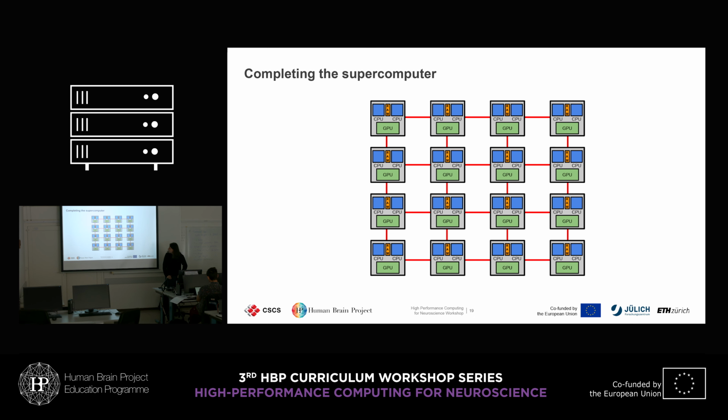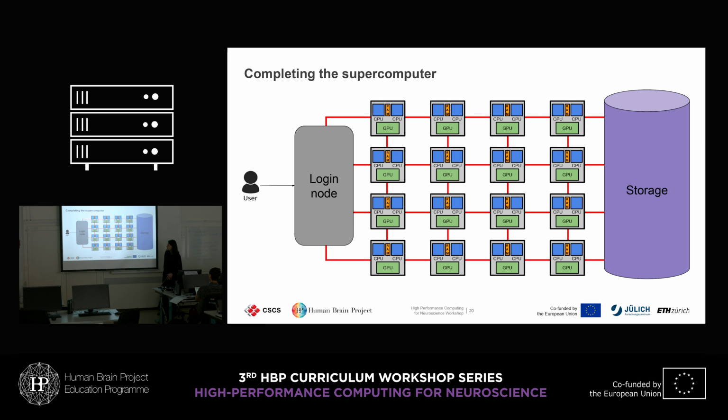Okay, so we have our computing cluster, very good. We kind of have an idea of how to use it, but we need some essential supporting structures. The supercomputer is not just a computing cluster, it is an elaboration cluster.